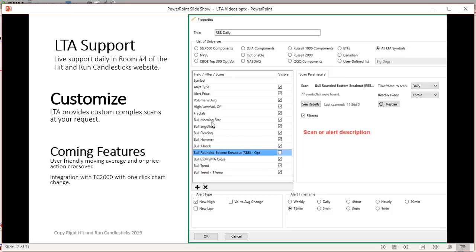And you might notice that I've got Bull Morningstar, Engulfing, Piercing, Hammer, J-Hook, 3-8 cross, bull trend. The bull trend is the 34 EMA trending, and then we have a 17 EMA bull trend as well. I have those check marked, but this is not live, so this is the only shot we get of this.